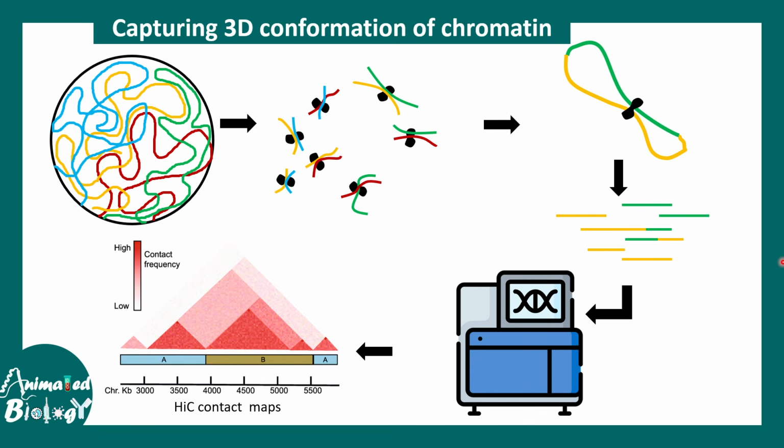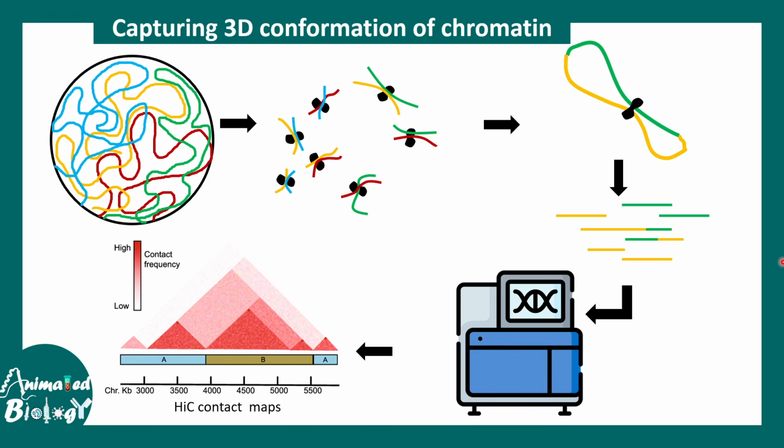There are specific techniques described in Unit 13, or the methods in biology section, which talks about chromatin capture or chromosome conformation capture technique. This is a technique which tells us, in a 3D space, which regions of the chromosome have interacted with each other. So generally the chromatin is chopped off, sonicated, and then cross-linked.